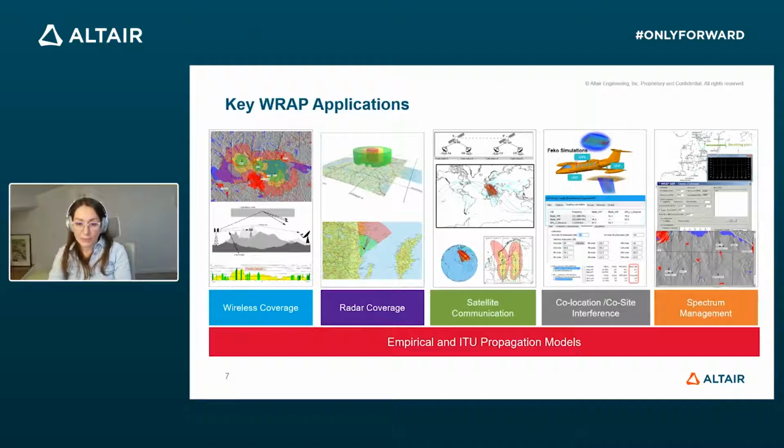In this case, we see an aircraft which has 3 different antennas, and where we are interested in seeing the interference between these 3 different communication systems, and in case there might be some negative interference effects on the performance of the different systems. And we can also perform spectrum management, which is also one of the key features of RAP.